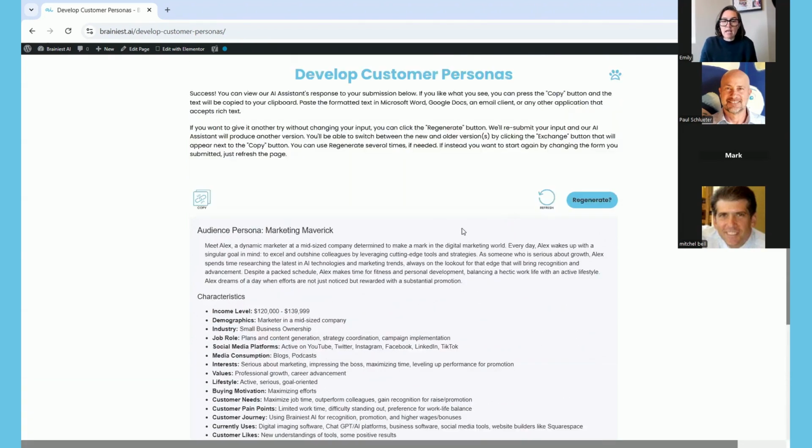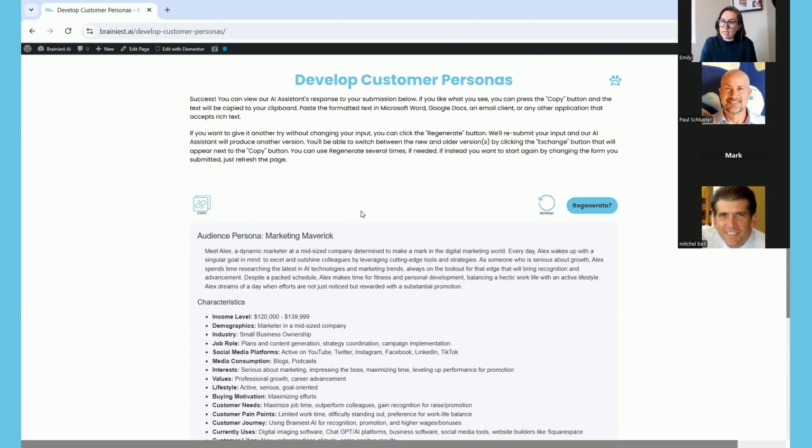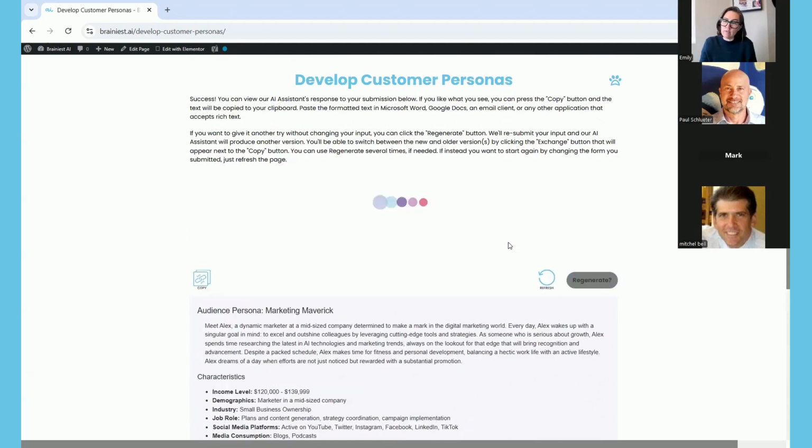You can always decide you like it or dislike it. If you want to see something different, hit regenerate. You don't even have to go back, refresh. If you don't want to change anything and you just want to see if there's another option that it comes up for you.